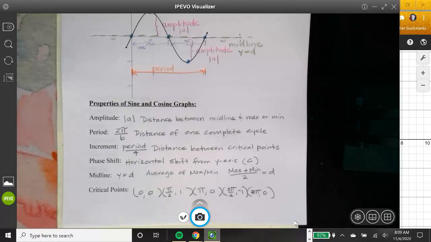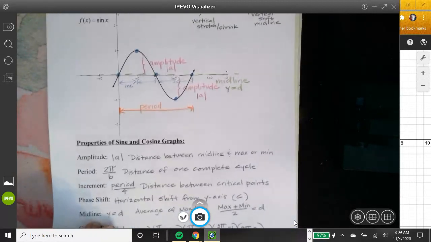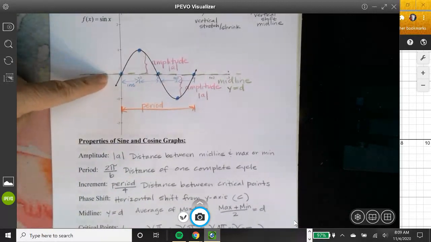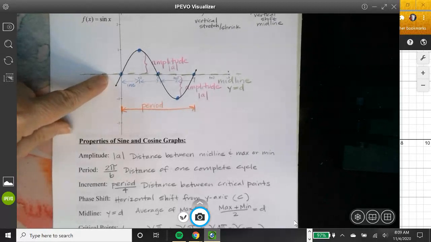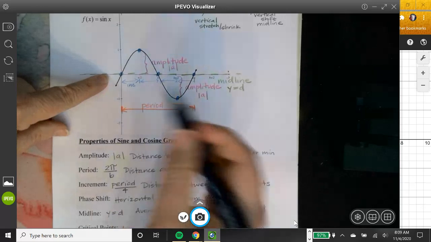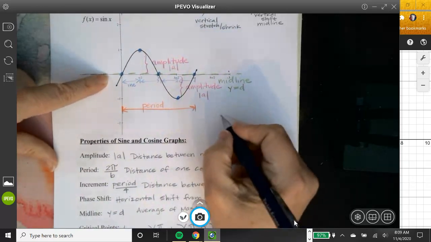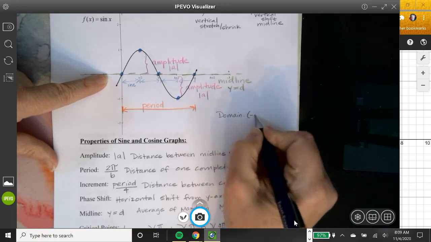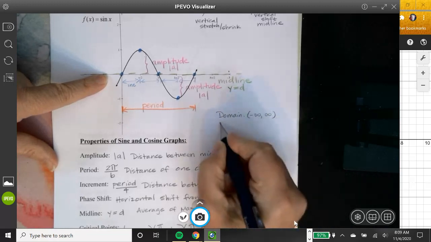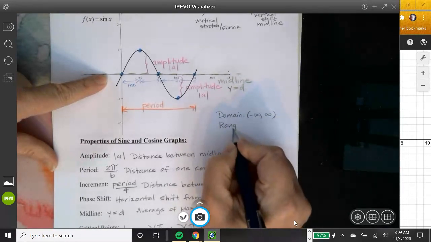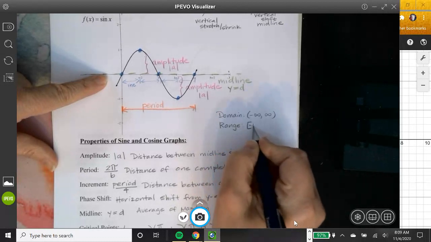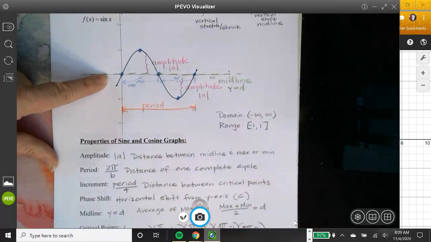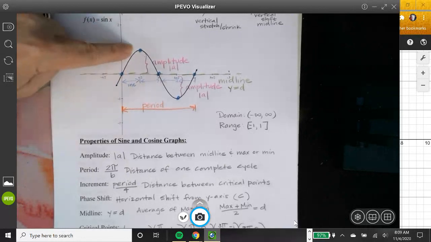Okay? So these curves are very easy to draw. They're repetitious because you can go around the unit circle multiple times. And the domain on this function, I should put the domain here, is all real numbers. The range, in this case, is -1 to 1 inclusive. And this has extreme values.